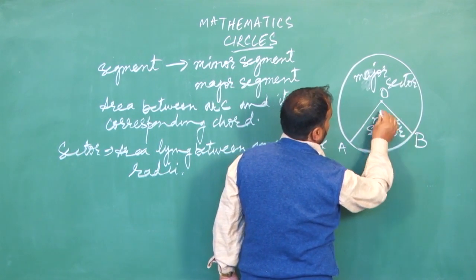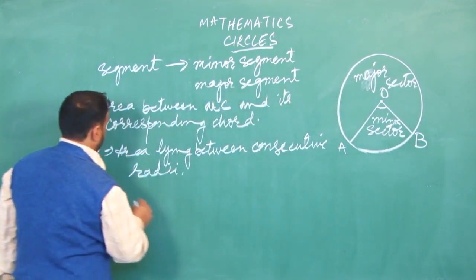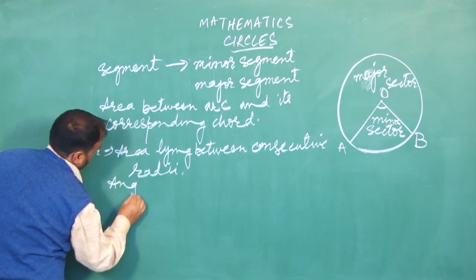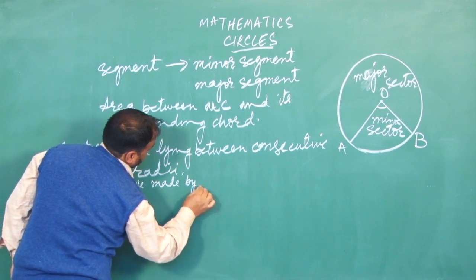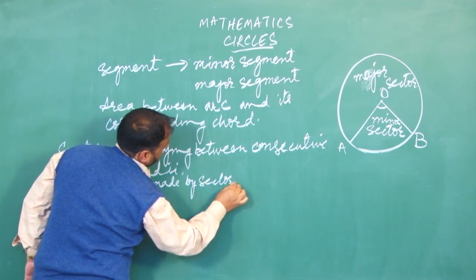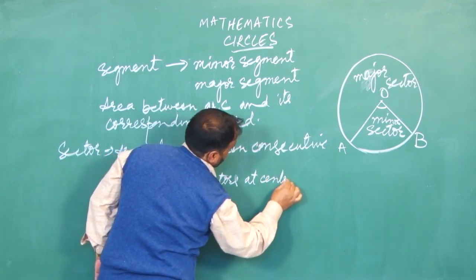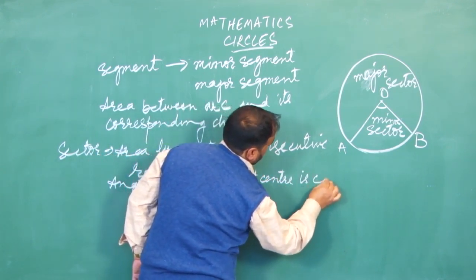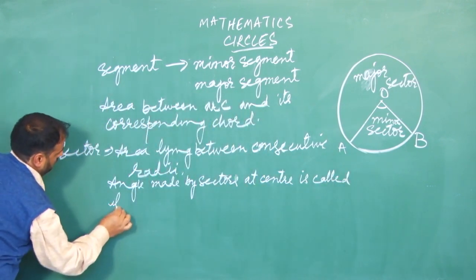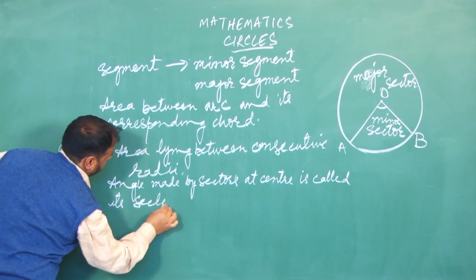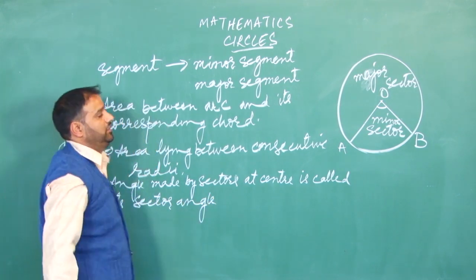The angle at the center made by these sectors is called sector angle. The angle made by sectors at the center is called its sector angle.